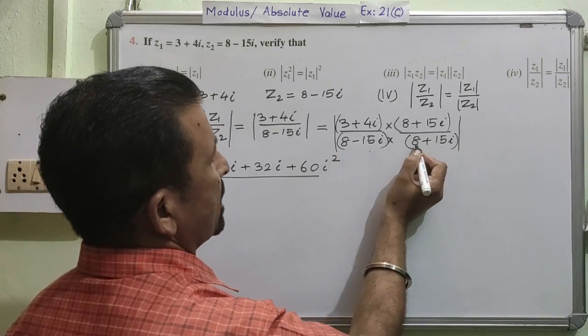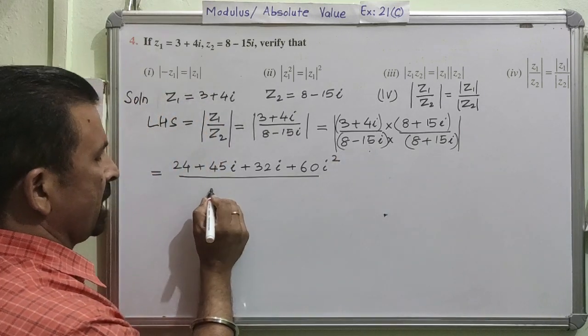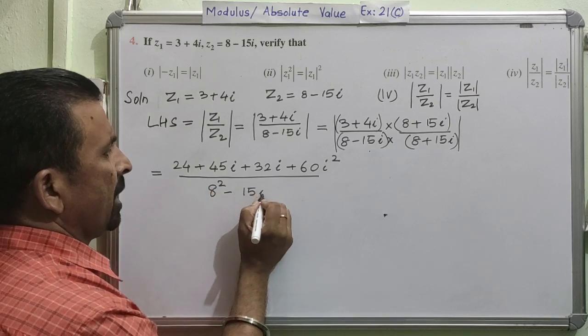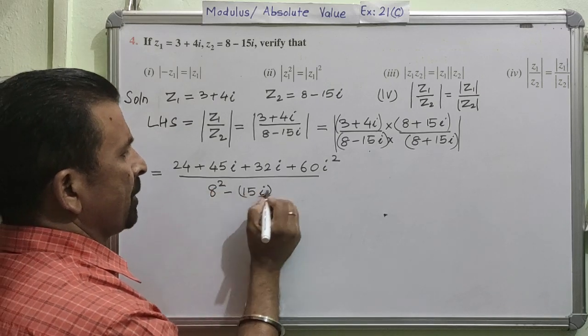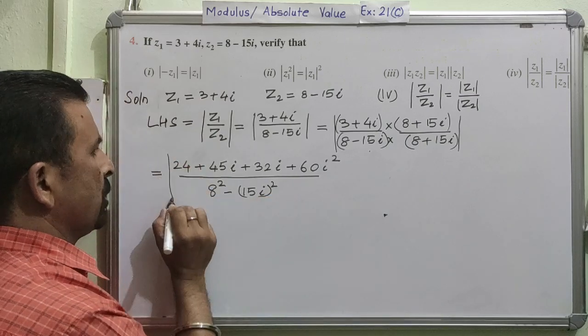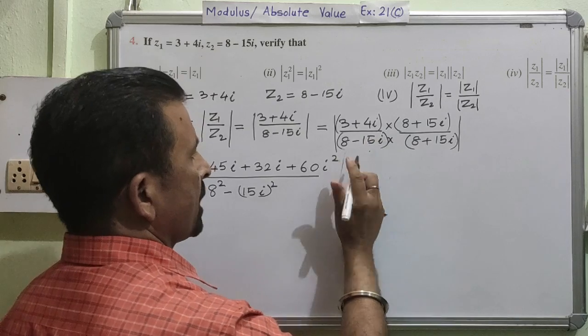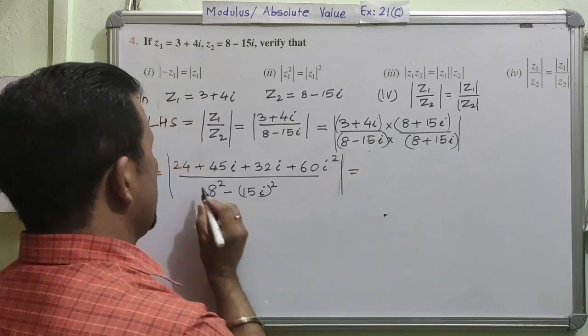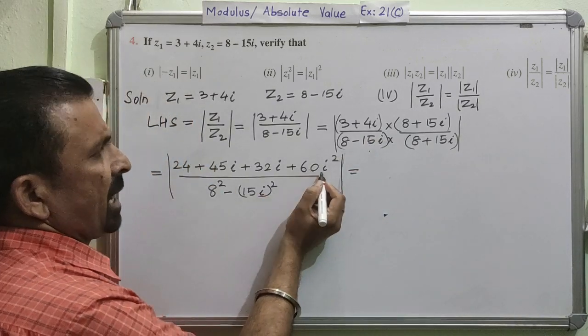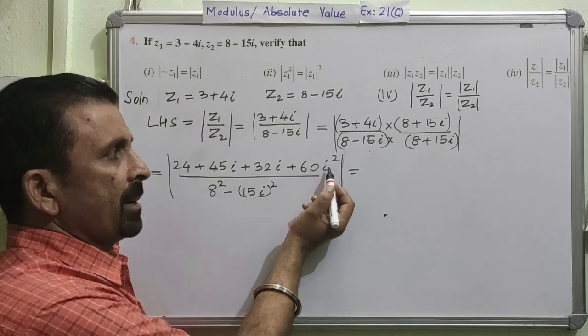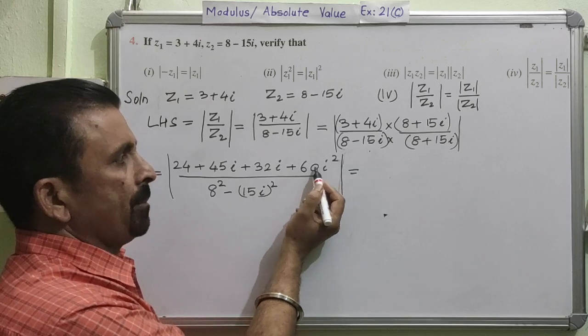Now come to the denominator. Denominator is (a minus b) into (a plus b). We can use the difference of squares. We can write this as 8 square minus (15i) square. Now this 24 and now this 60 i square. I square, you know, is minus 1. So when you multiply this 60 by i square, which is minus 1, it will become minus 60.